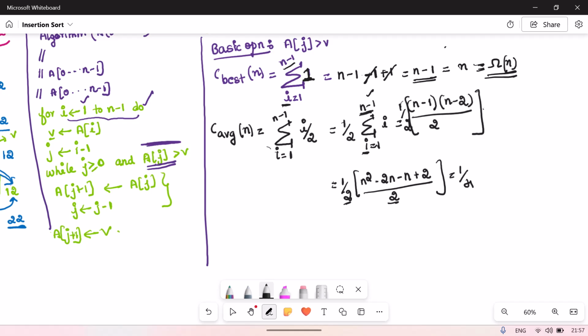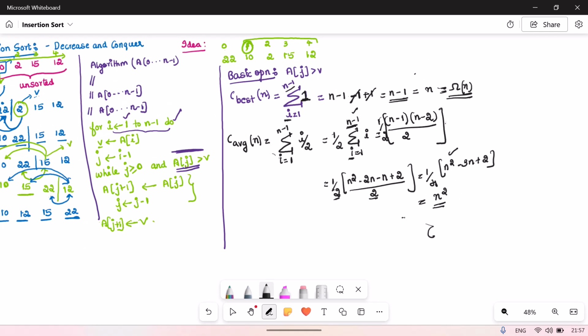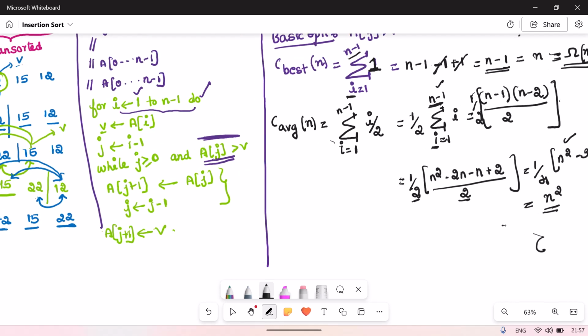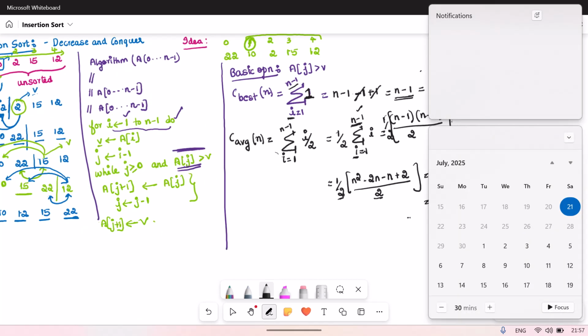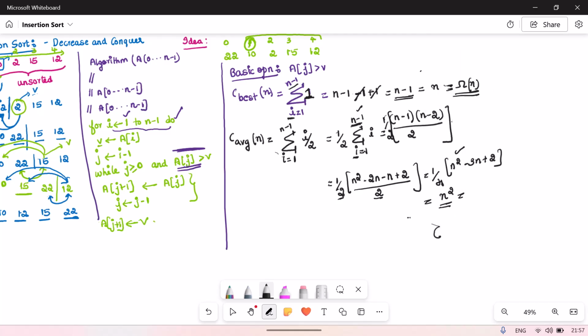So it will be 1 by 4 into n square minus 3n plus 2. Okay, so you will get all this. Now, if you remember, again, you have to take the highest term only. The highest term is n square. So I'll take only n square. Because it is an average time complexity, what is the symbol you have? Theta of n square.